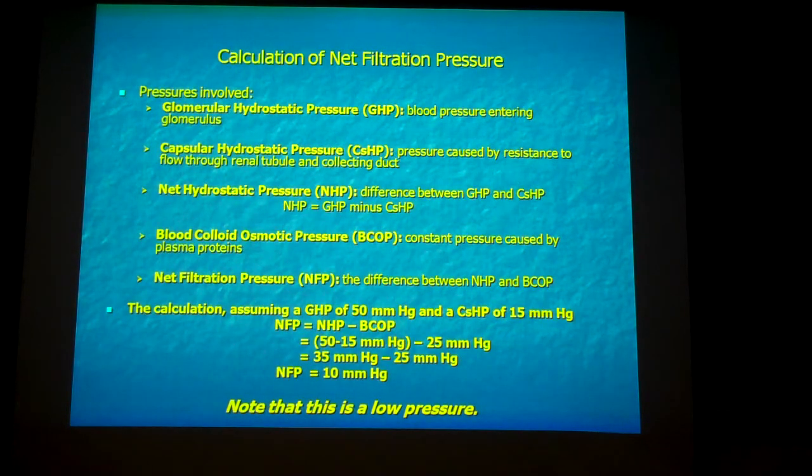So, what is our net filtration pressure? And that's what this screen is showing you right here. We got our pressure going in. That's the glomerular hydrostatic pressure. We've got some pressure of the fluid that's produced as the filtrate, capsular hydrostatic pressure, which is going to be opposing this.